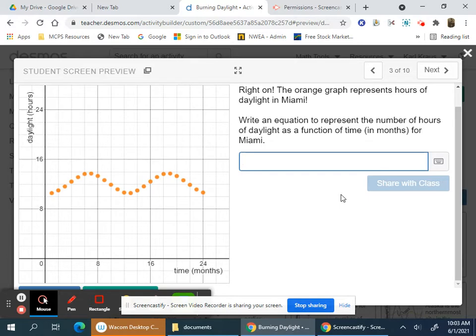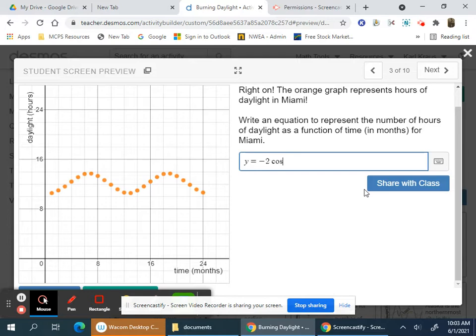I'm going to do y equals negative, and then the amplitude. This goes from 10 to 14, so the center line would be 12, and the amplitude would be 2.